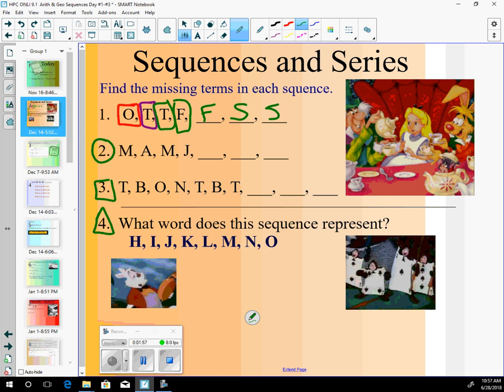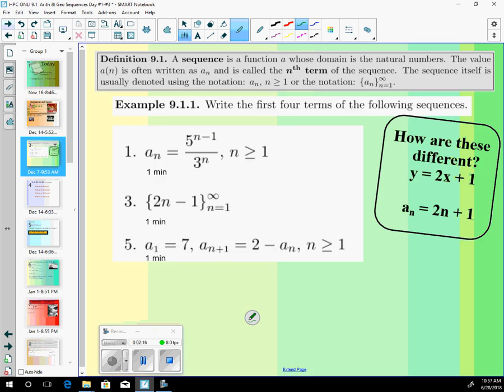The sequence H, I, J, K, L, M, N, O, and you're trying to find out what word this sequence represents for these letters, H all the way to O. What word is it?